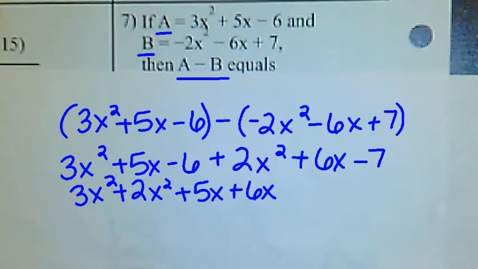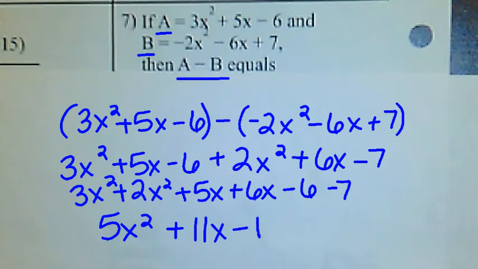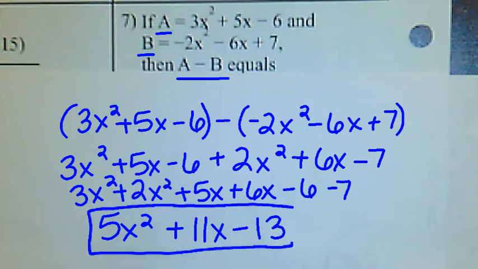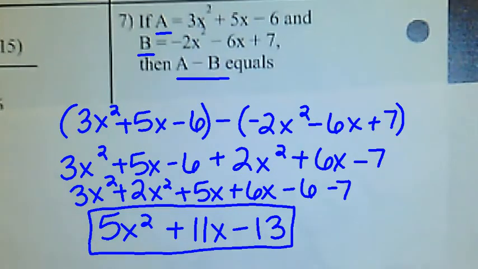Remember, carry the signs along with them that are in the front of them. So I get 5x squared plus 11x minus 13. So that is choice number 2.